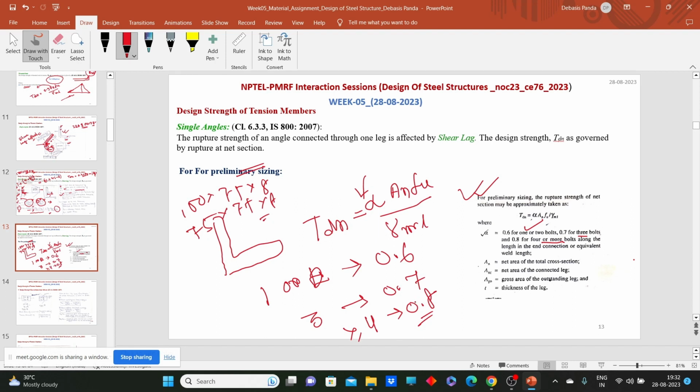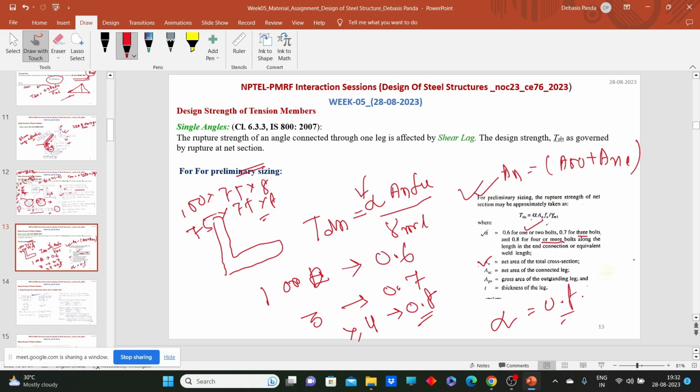So we can easily calculate the alpha value, and An will be the net area of the total cross section. For primary sizing you just need to consider a hole, then calculate An like this, Ago plus Anc. We will solve some problems to understand how to calculate these things. For the welded connection, this alpha value will be 0.8.